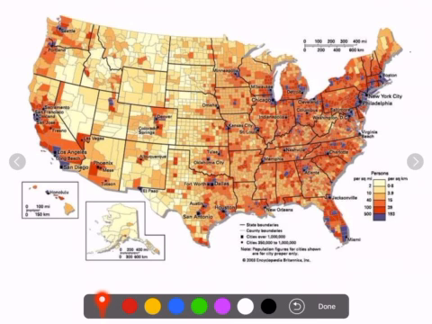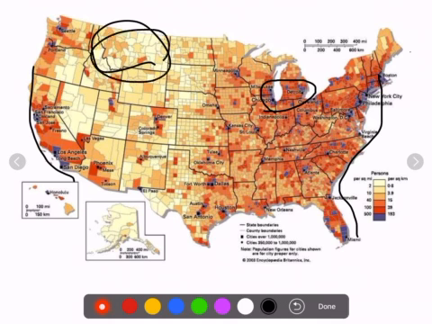There's also a lot of people who live on the West Coast, the rest of the East Coast, and then there's a few places in the Midwest that also have a lot of people living there too. But you would never say that there's a settlement pattern in the middle of Montana up here, because not that many people live up there.